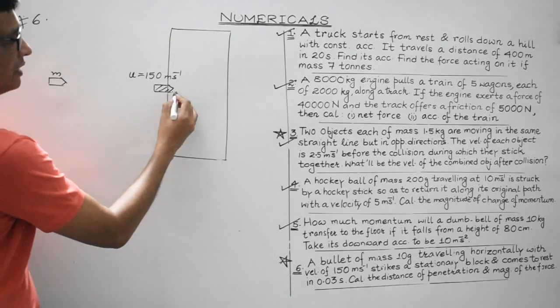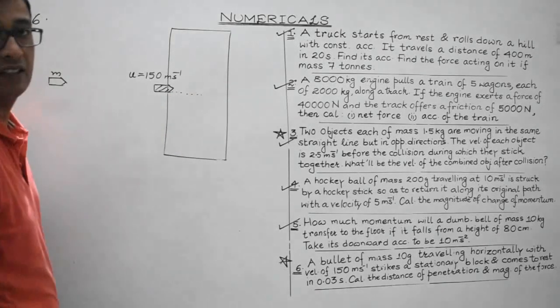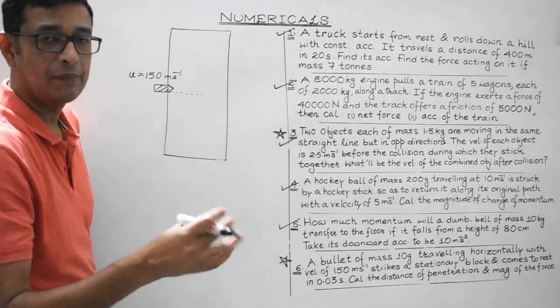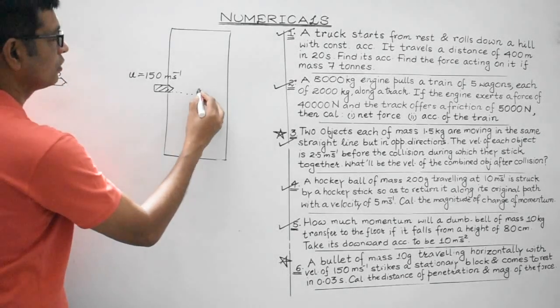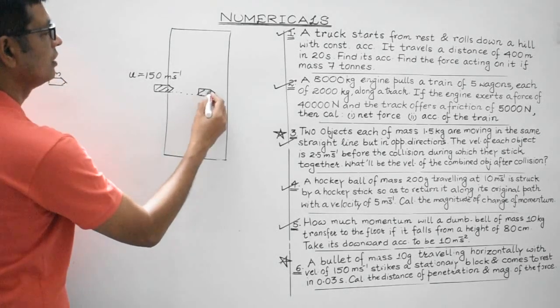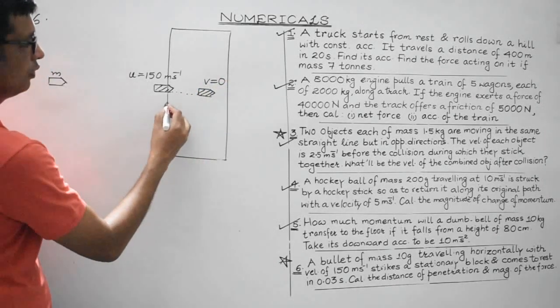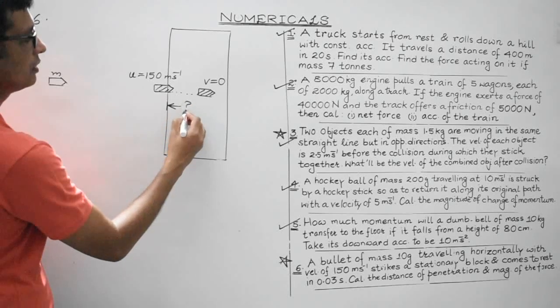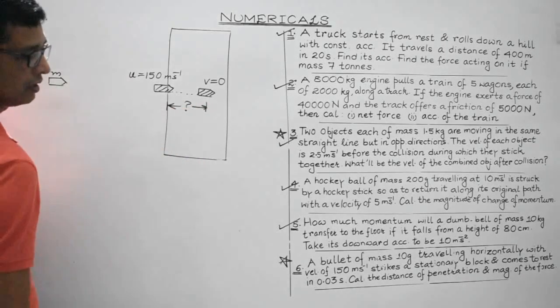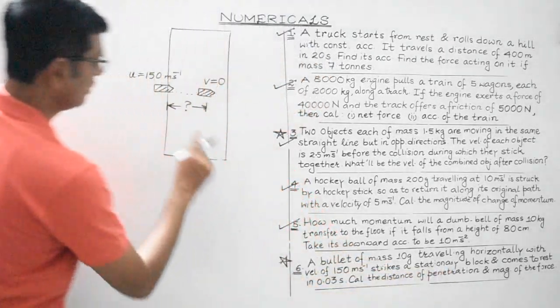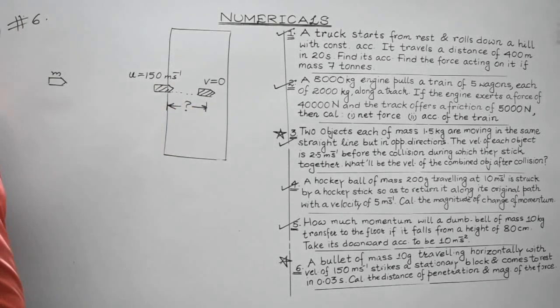Now look, as it penetrates inside the wooden plank, its velocity obviously will keep on decreasing and eventually suppose at this point it comes to rest, right? So we are supposed to find out this distance of penetration. Calculate the distance of penetration.